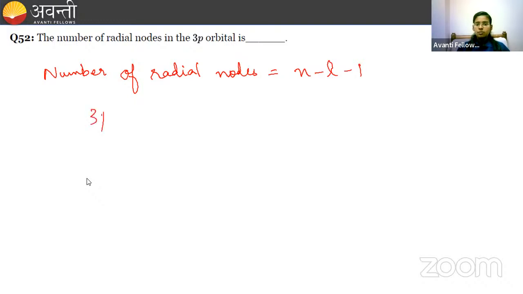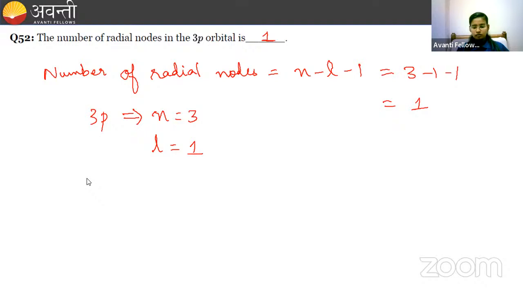For the 3p orbital, n is equal to 3 and L is equal to 1, since it is a p subshell. Substituting, I will have 3 minus 1 minus 1, which is 1.